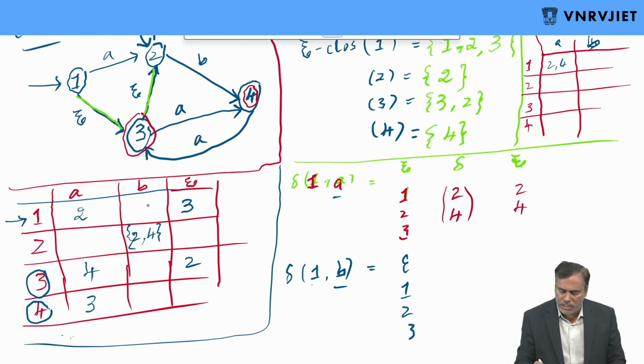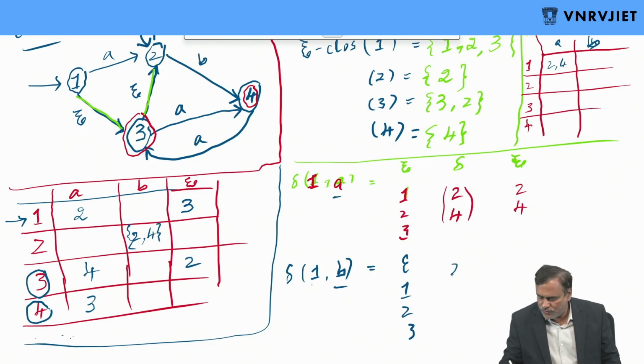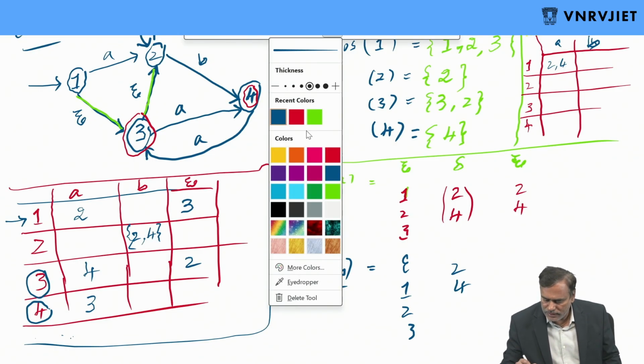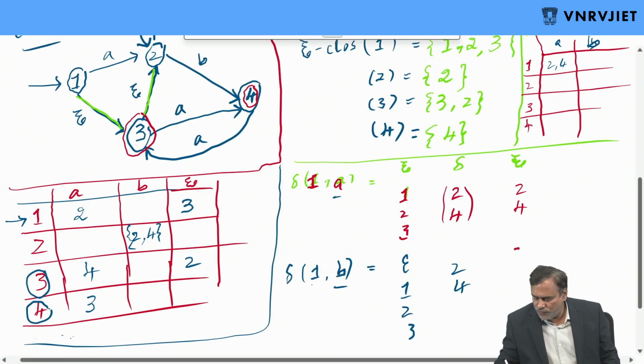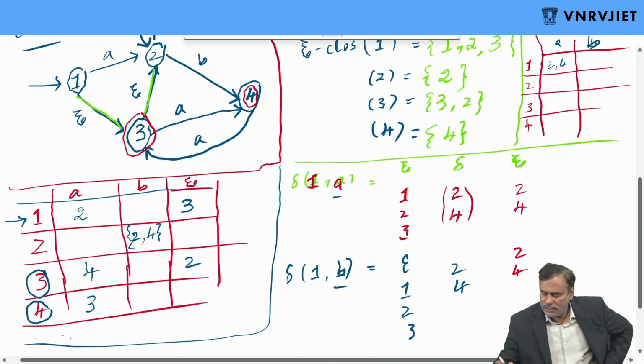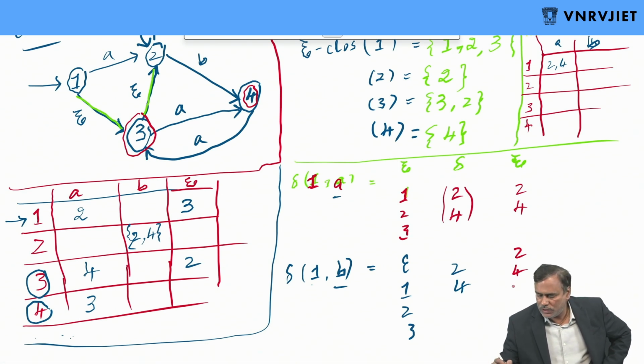If you take the union of all this, you get 2, 4 itself. And then you have to apply the epsilon closure of 2, 4. Epsilon closure of 2 is 2, epsilon closure of 4 is 4. So finally you are getting 2, 4 itself. So delta of 1B is 2, 4. Therefore you are going to get the entry here as 2, 4. I think you are clear.